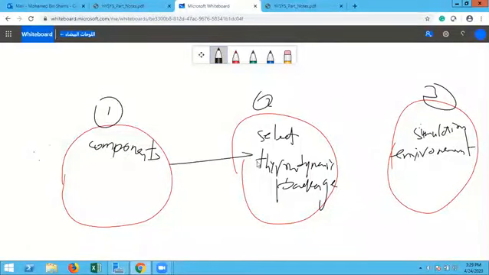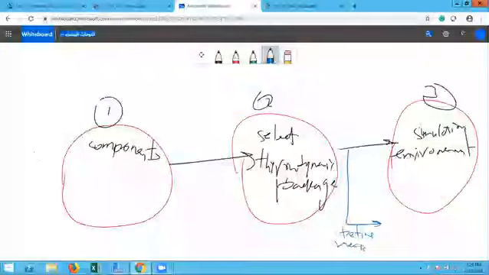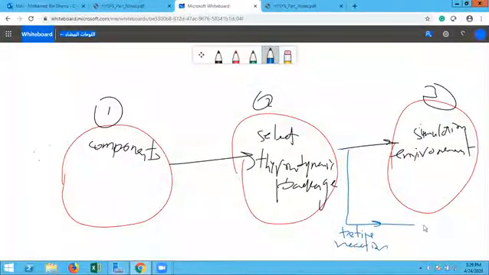Now, these are the steps for a non-reactive system. If I have a reactive system, I will have an extra step where you have to define your reaction. After defining the reaction, you go again to the simulation environment.